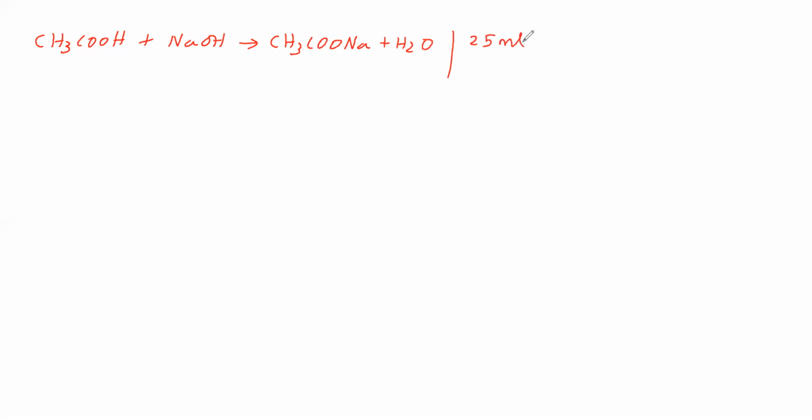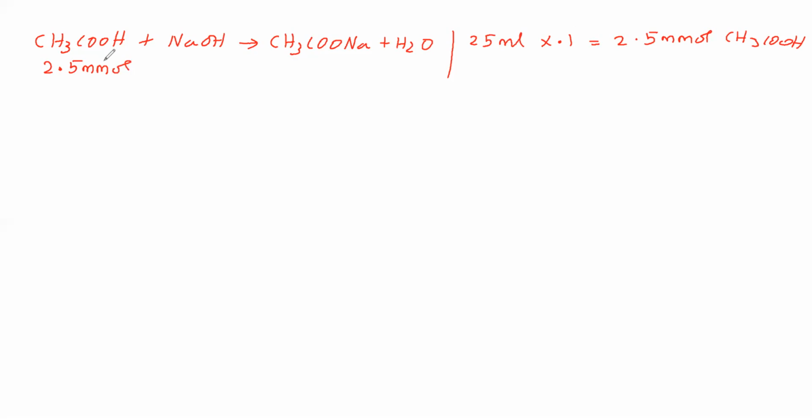What is the concentration of acetic acid? 0.1 molar. Let us multiply both. We will get the millimoles of acetic acid. So we have taken 2.5 millimoles of acetic acid initially.